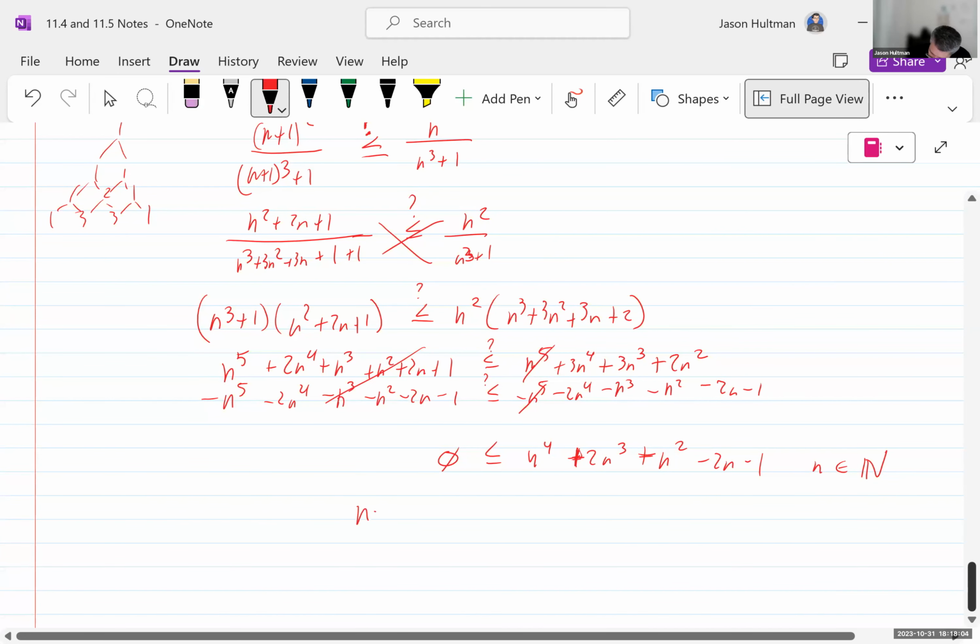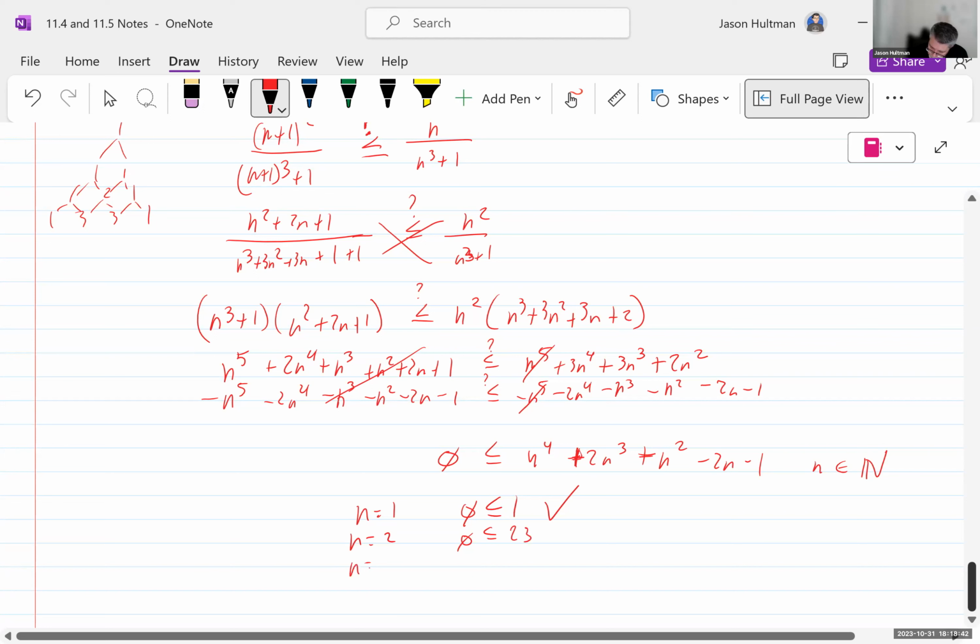So let's try 1. Let n equal 1. I get 1 plus 2 plus 1 minus 2 minus 1, that's 1. 0 is greater than or equal to 1? That checks. If n is equal to 2, then I get 16 plus 16, which is 32, plus 4, which is 36, minus 8, which is, go back to 24, minus 1, 23.